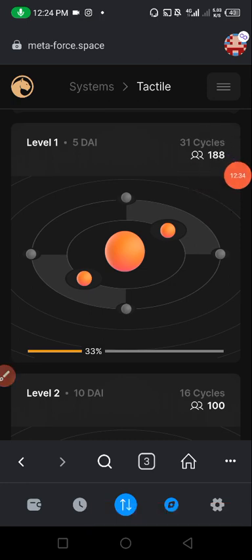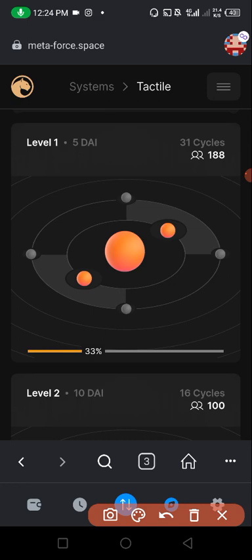MetaForce programs the tactile business, or the tactile program, in a way that the weak help the strong and the strong help the weak. So on these circles, like I said, this is where spillovers are being generated.